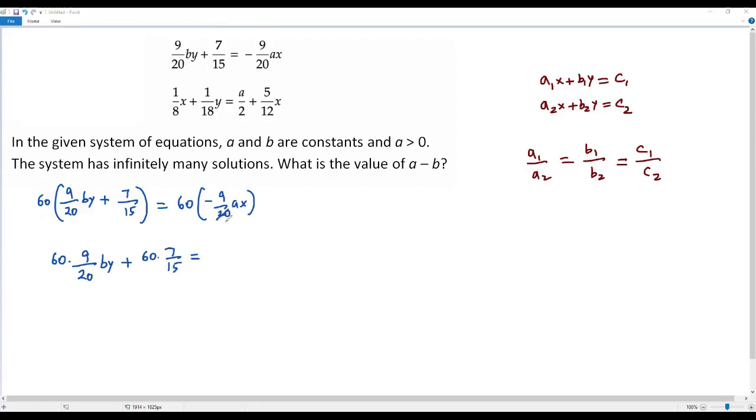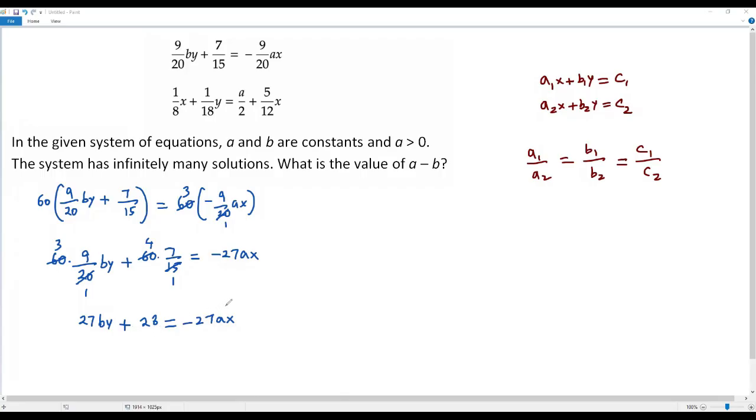Here 20 goes into 20 one time, and 20 goes into 60 3 times. Then 3 times -9 is -27, that is -27ax on the right side. Here 15 goes into 15 one time, 15 goes into 60 4 times. Here 3 times 9 is 27, that is 27y + 4 times 7 is 28 equals -27ax.